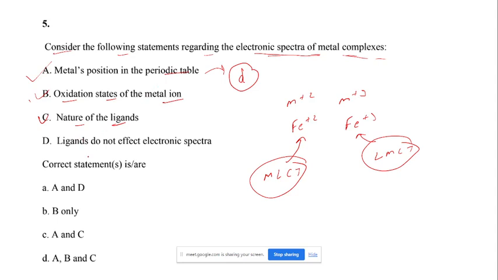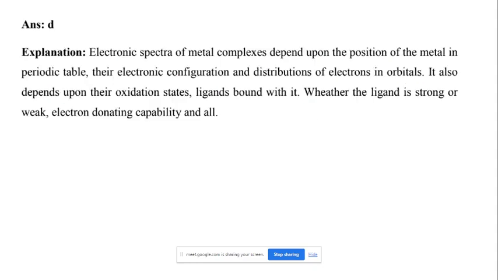Then the fourth point, ligand does not affect electronic spectra, is wrong, because we have already discussed that the nature of the ligand affects the spectra of the metal complex. So the right answer will be D, A, B. Okay, D is the right answer.